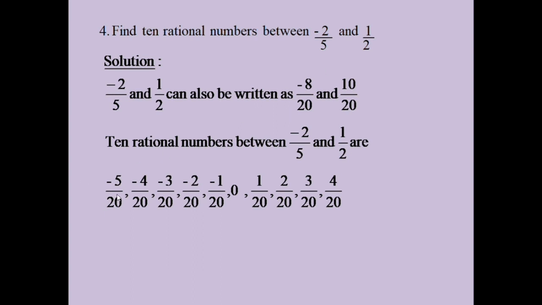Those are minus 5 by 20, minus 4 by 20, minus 3 by 20, minus 2 by 20, minus 1 by 20, 0, 1 by 20, 2 by 20, 3 by 20 and 4 by 20. Or you can also write 5 by 20, 6 by 20 up to 9 by 20. And from minus 7 by 20 you can take any 10 rational numbers.